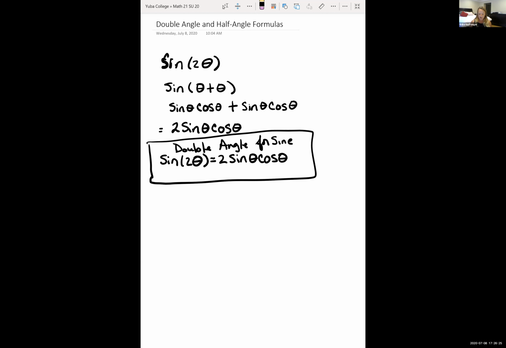So sine only has one, cosine special. It can have a couple different forms. We're going to derive it the same exact way. And so cosine of 2 theta, well, we can rewrite this as a sum of 2 angles. So this is the same thing as cosine of theta plus theta.